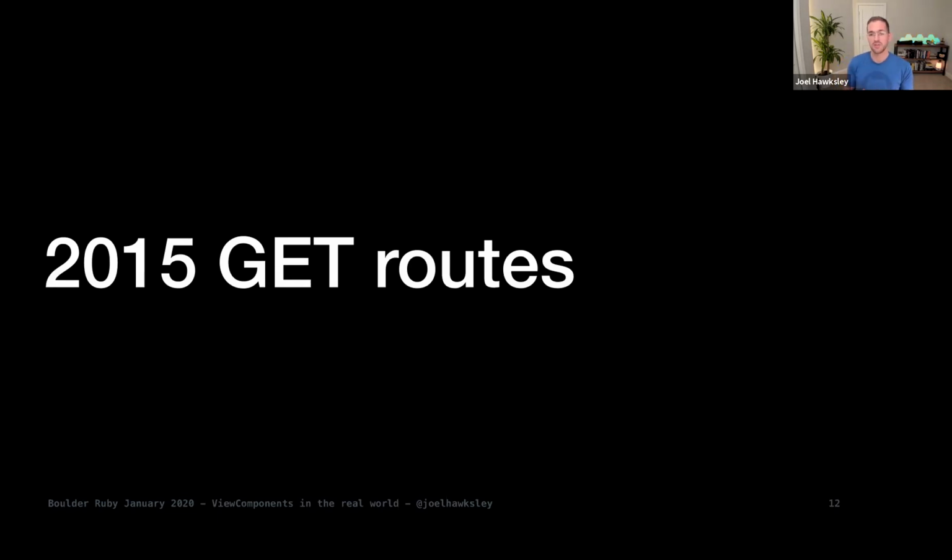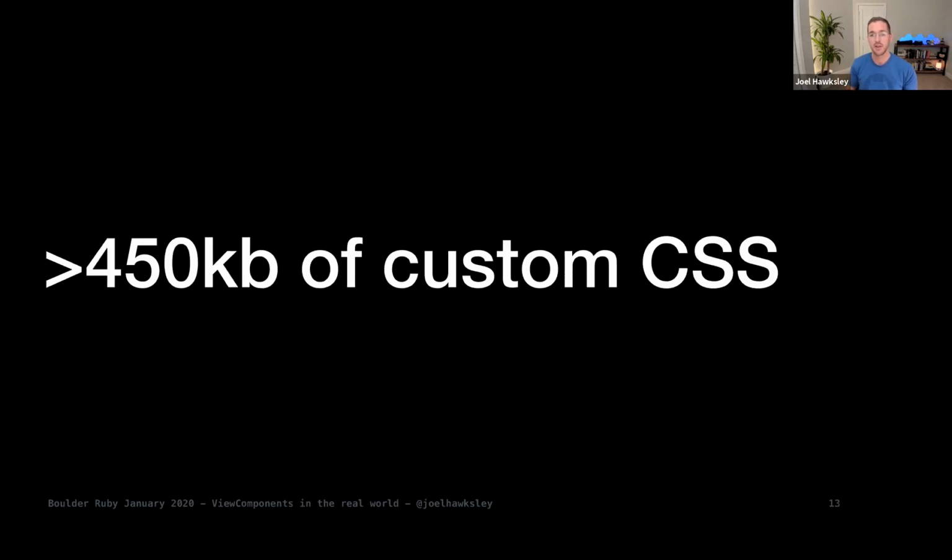And all of those views need to stay current, even if they're out of the critical path. Another problem with this is that we have a lot of legacy one-off designs that are difficult to maintain. At this point, if you were to load GitHub today, you'd get over 450 kilobytes of custom CSS when you load any page on the site.